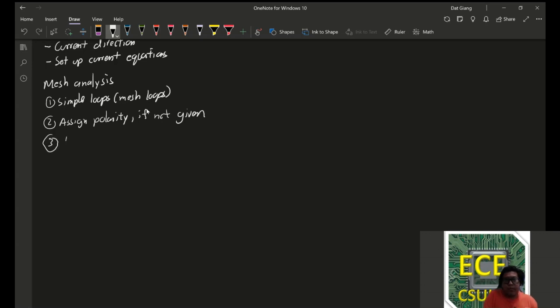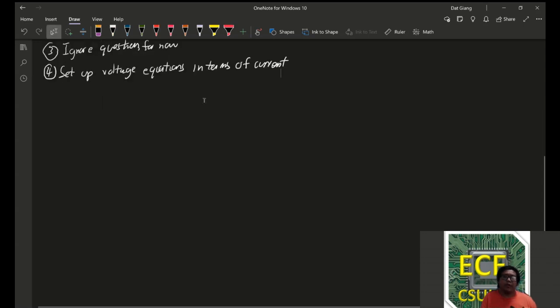Similar to nodal, ignore the question for now. Lastly, we set up voltage equations in terms of current.